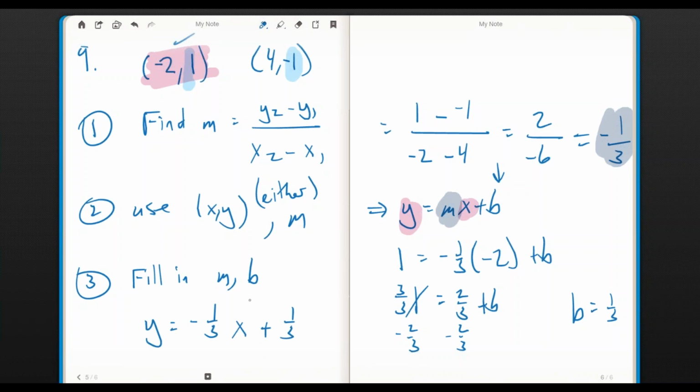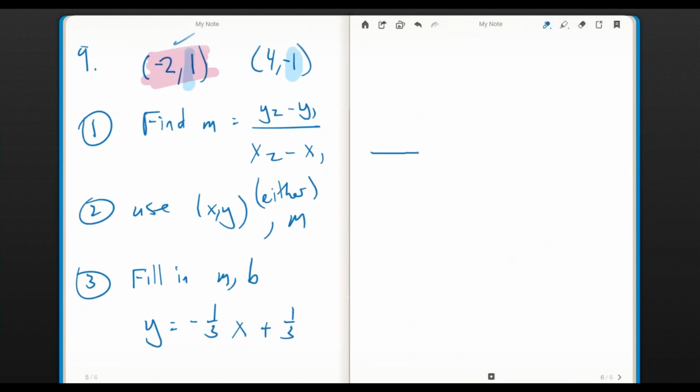I do it the same way every time, and then it asks me to graph the line, and so I don't mind at all if you sketch it. Here's 2, 1, 4, -1, and there's a sketch.